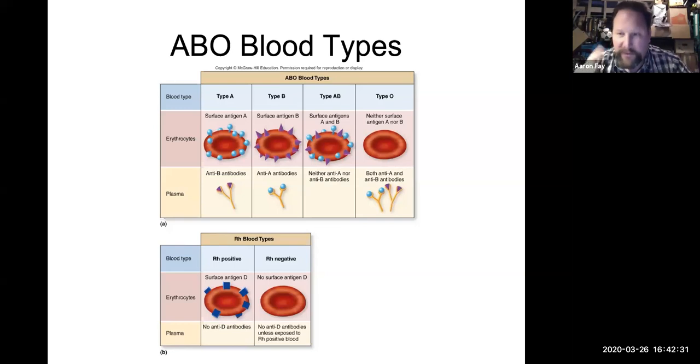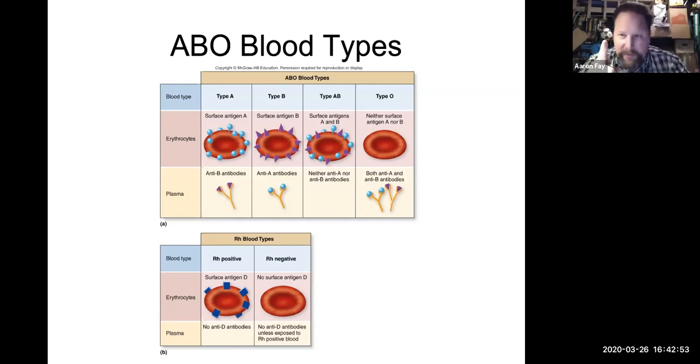So to be more specific, the true universal donor is O negative because they don't have the A sugar, they don't have the B sugar, they don't have the Rh factor, therefore no antibodies bind to them, so you're not going to have any trouble. So that is why type O negative is the universal donor.